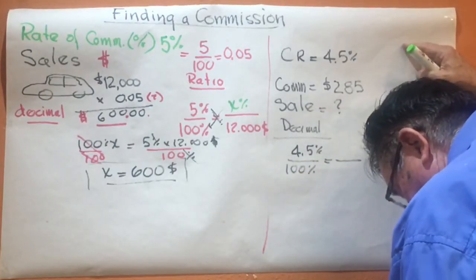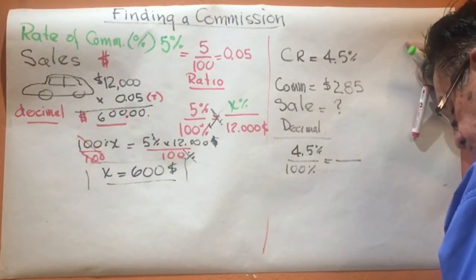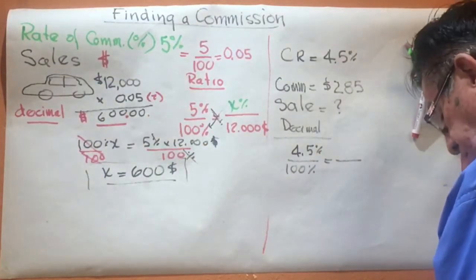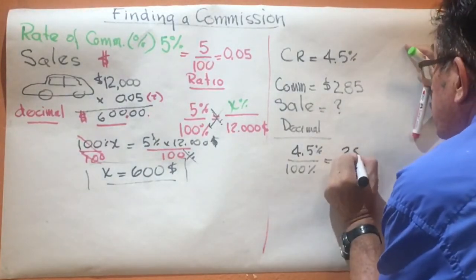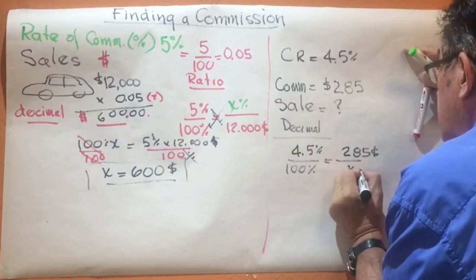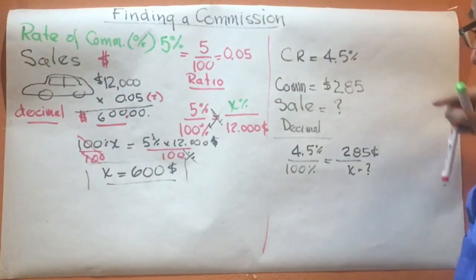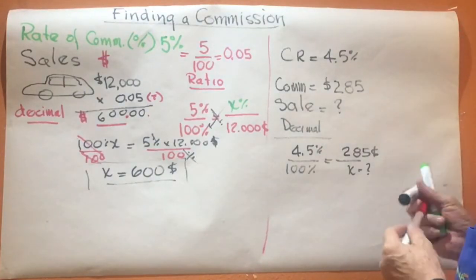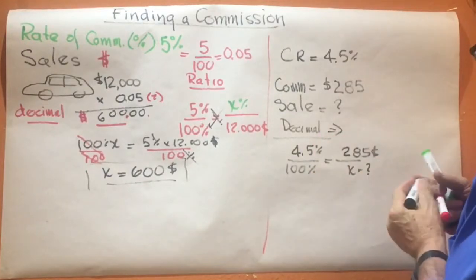Of the amount of the commission that we want to know. Let's see. The commission was $285. How much is going to be the sale? Okay. Well, this looks more like the ratio method.